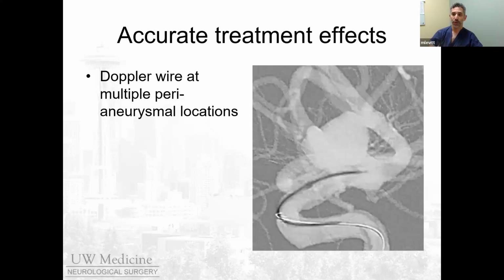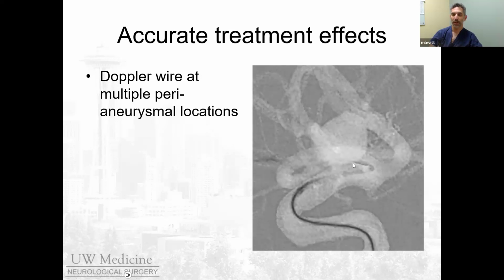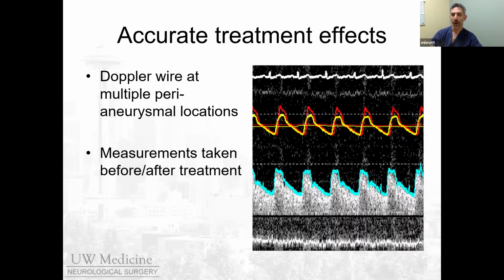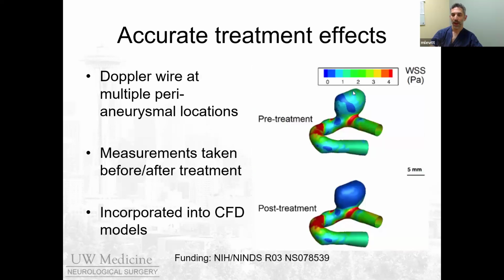So during aneurysm treatment, we put this little radar gun at different places in the blood vessel, and we measured blood flow and pressure before and after treatment. And then we end up with a CFD simulation that looks like this. So this is before treatment, here's an aneurysm. And then after treatment, you can see a big change, a big drop in wall shear stress, a big drop in velocity, which is good.